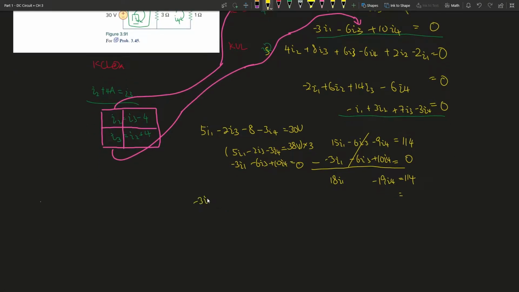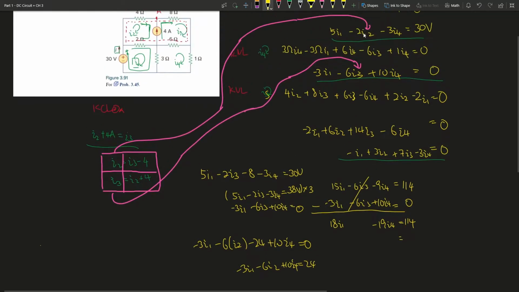So negative I1 minus 6 times I2, right? Minus 24 plus 10 I4 equals 0. So 24, negative 3 I1, negative 6 I2, plus 10 I4.